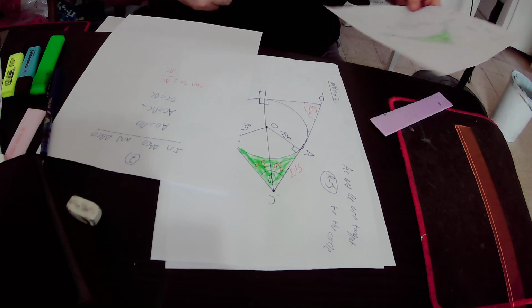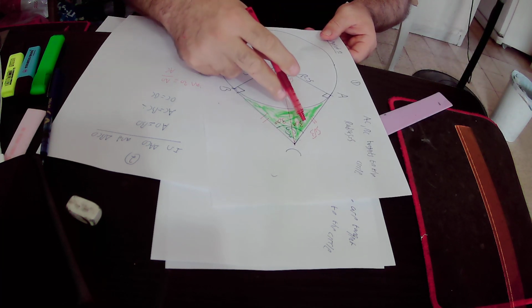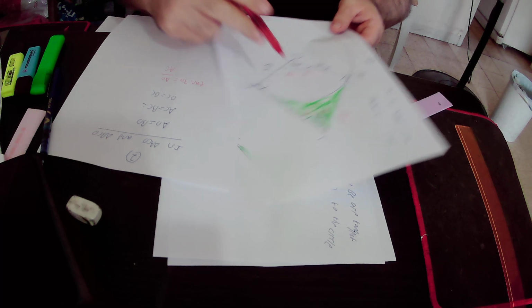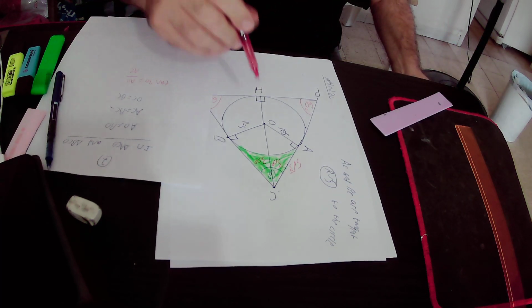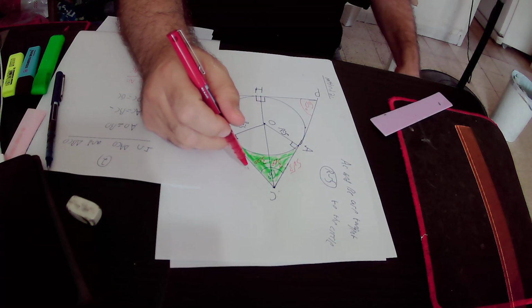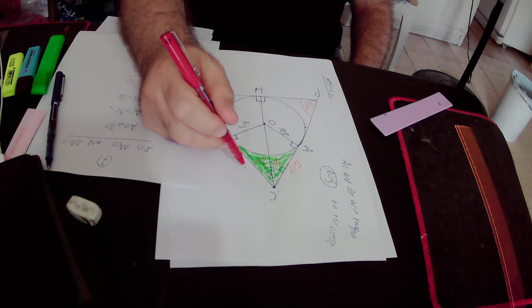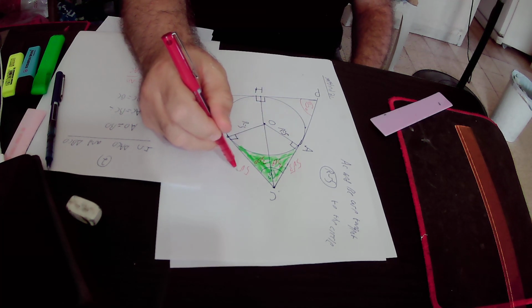Here also AC equals BC, so BC is also 5 times root 3.